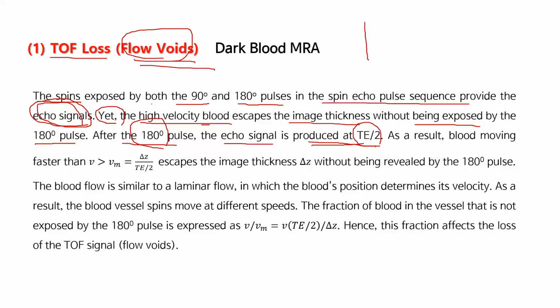So that's the 90-degree pulse and the 180-degree pulse. The time between the two pulses is TE over 2, and the echo signal appears TE over 2 after the 180-degree pulse.